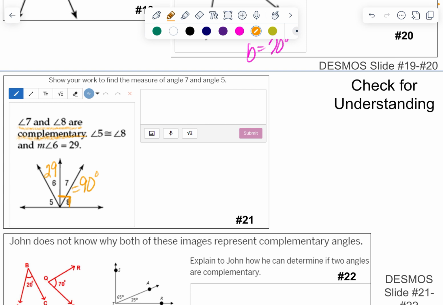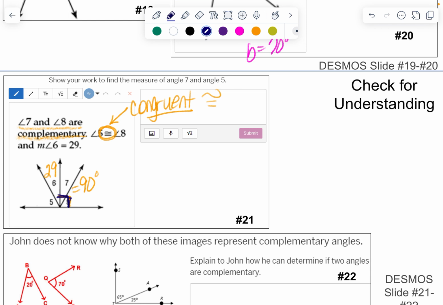Congruent means they're the same, so angle 5 and angle 8 are the same. So we want to know what is angle 7. Well, let's find angle 5 first, because we know 7 and 8 together equal 90.